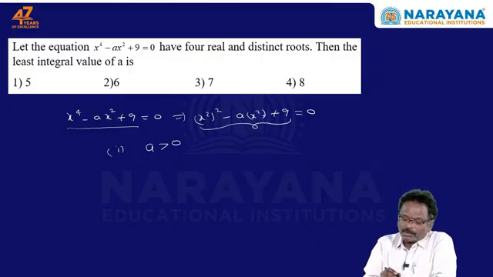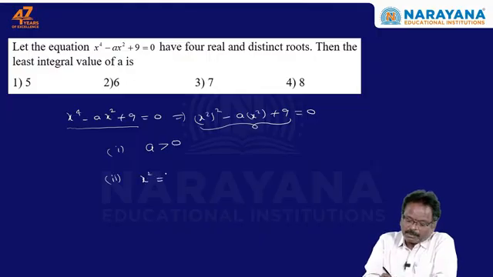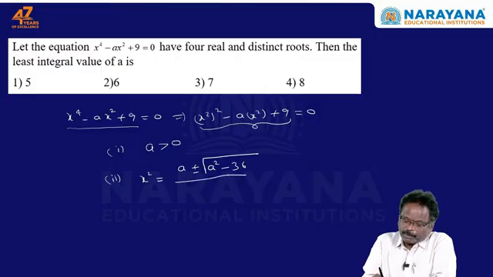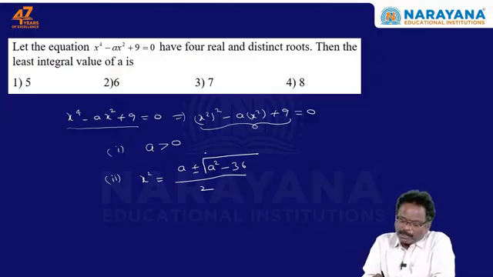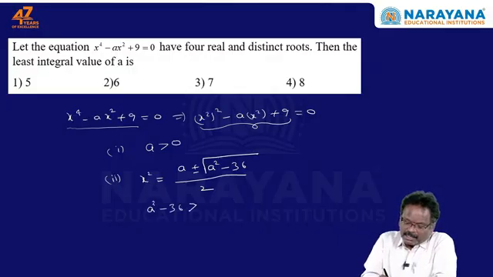Now calculate the roots of this equation. Roots are x square equal to a plus or minus root of a square minus 36, by 2. This equation has 2 real roots possible only when a square minus 36 is greater than or equal to 0.